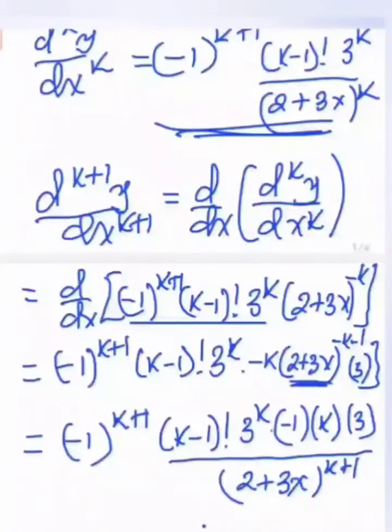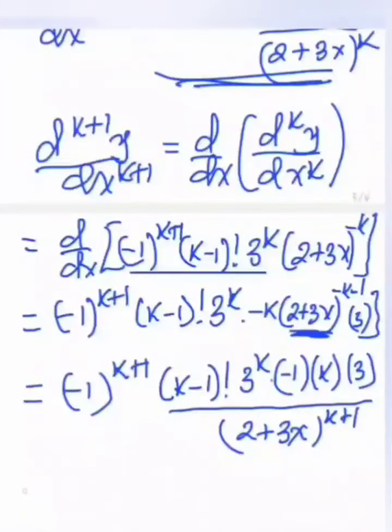In this statement here, the power of 2 plus 3x is negative k minus 1, which can also be written as negative into k plus 1. And so using laws of indices, we can then have that it is equal to 1 all over 2 plus 3x to the k plus 1. And from here now, we observe the statement that we are seeking to prove.